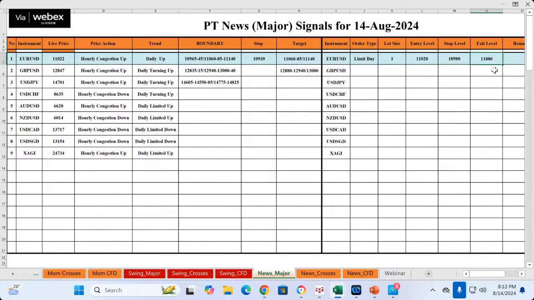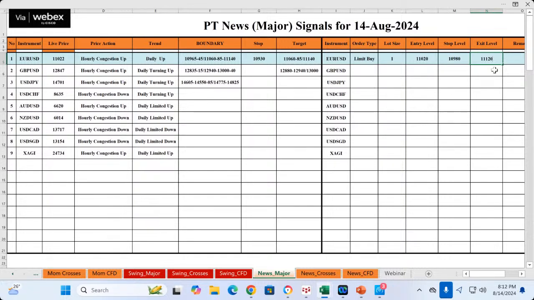But if you want to try for a higher target, depending on your luck, you try to put at 11120. So if the market spikes up, if the data is bad, we are going to get a spike, and we are going to hit our profit, and we are going to end the day with a profit note.